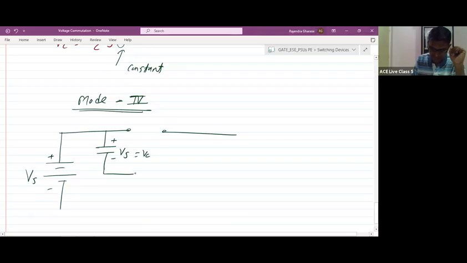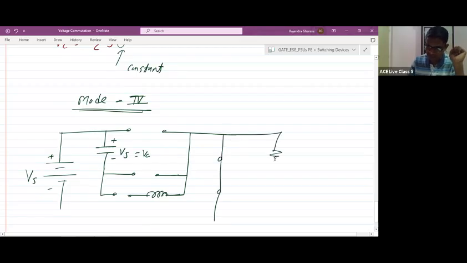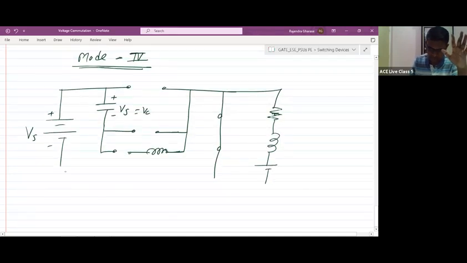The auxiliary thyristor is in the off state. Diode D is in the off state. The inductor is here. So we have this type of circuit, and here the freewheeling diode is in conduction mode. The load inductor releases the energy through the freewheeling diode in order to maintain the same current through the load.